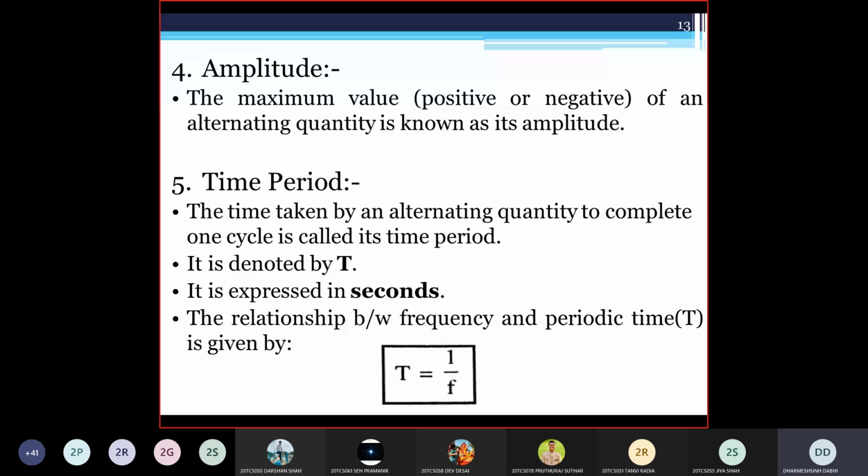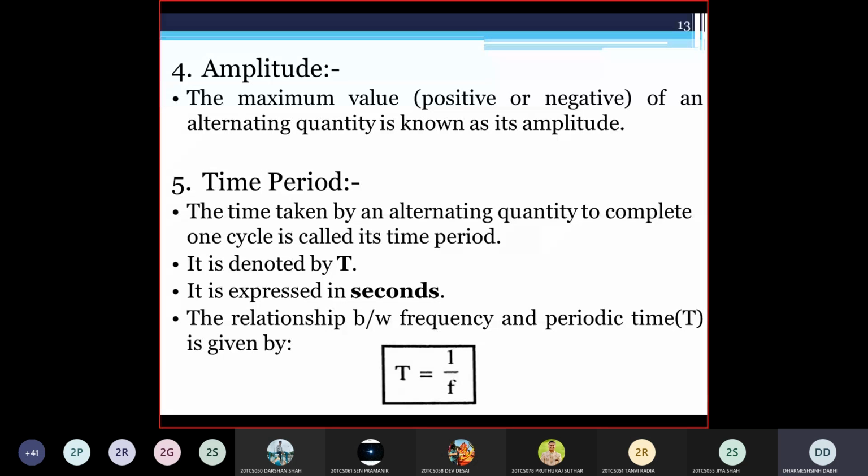Not only 1 by 20, I am saying 20 millisecond. 20 millisecond is 20 into 10 to the power minus 3 second. So F is 50. Yes or no? Yes, sir. So F is 50. What is the meaning of F equals 50?